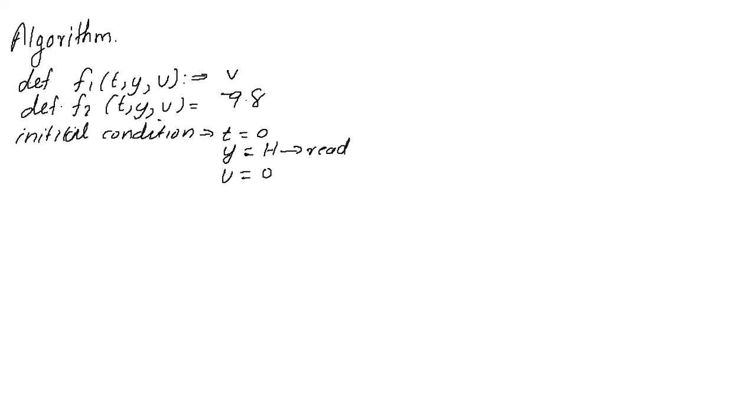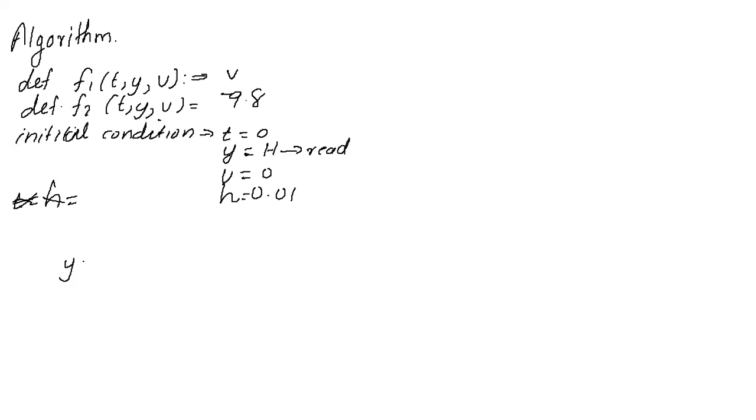Now you need to choose some time step, h, equal to some value, that is again some initialization. So h is equal to 0.01 second, because for Euler's method you know that h must be really small. After that you must iteratively calculate these things.